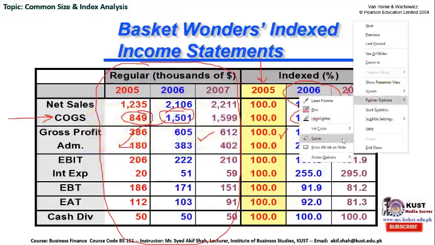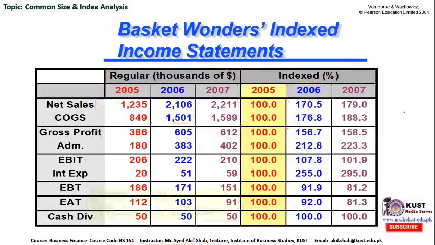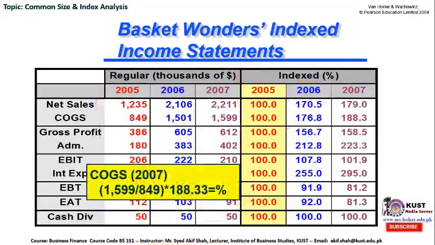Similarly, let's select another title, cost of goods sold percentage for year 2007. How did we calculate this 188.3%?